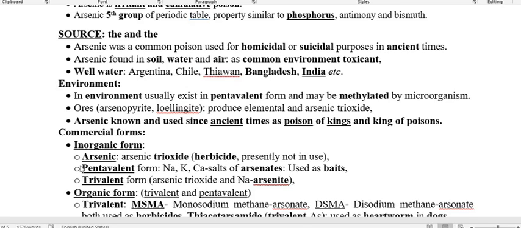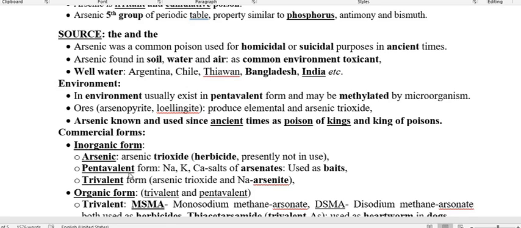Why? Because the absorbability and solubility of trivalent arsenic is more than that of pentavalent, and therefore trivalent arsenic gets absorbed more within the body, and the chances of toxicity with trivalent arsenic are more. As I mentioned earlier, trivalent arsenic has about 5 to 10 times more toxic potency than pentavalent.